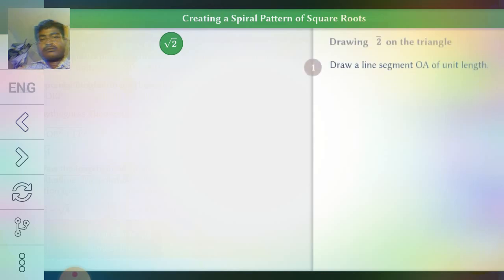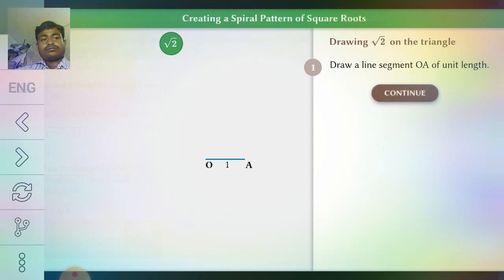Here is another method for drawing line segments whose lengths are equal to irrational roots of natural numbers. Notice how they form beautiful spiral patterns. We can also use this method to locate these numbers on the number line too.